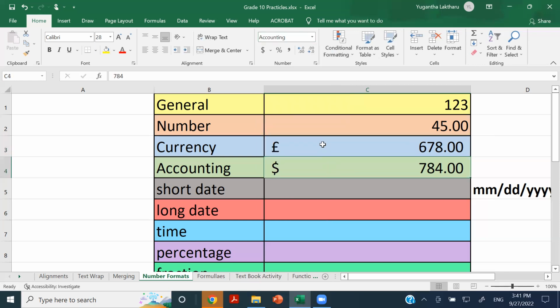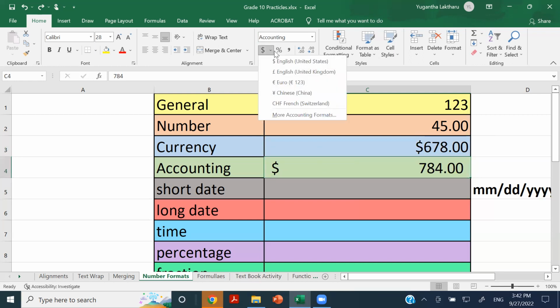Now it is the accounting number format; earlier we had the currency number format. So it's better to be aware of how the symbol is behaving. And if you want an additional symbol, you can go for more accounting formats.